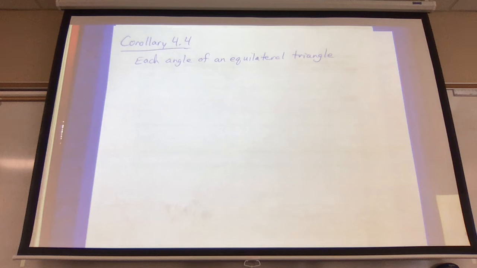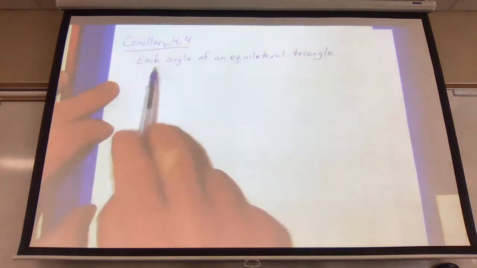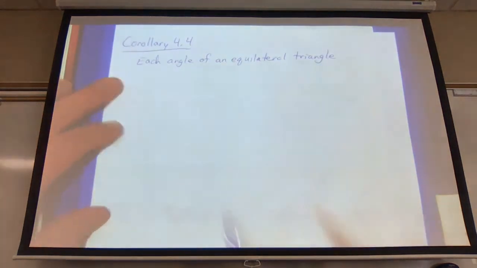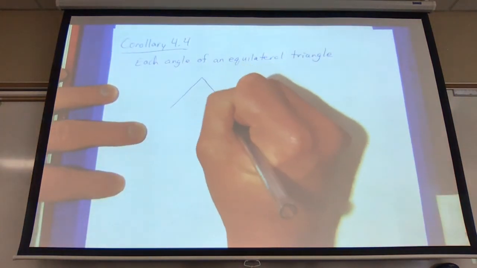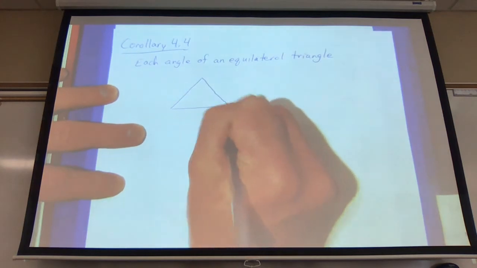And we'll kind of piece this one together with a picture. Starts off by saying each angle of an equilateral triangle, and then we have to finish it. So let's start with an equilateral triangle. Equilateral triangle we know is going to have all three sides congruent.